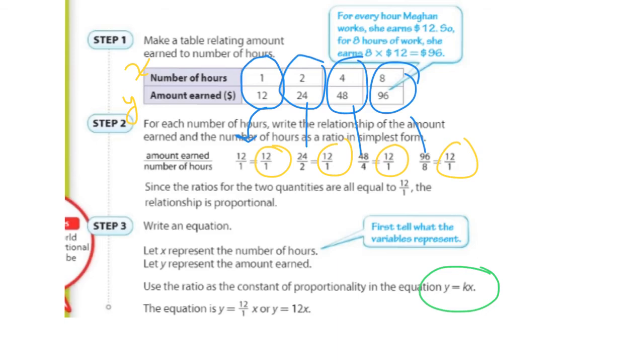So our x and our y keep changing. But the constant of proportionality, 12, stays the same. So the equation is y equals 12 over 1x. But let's simplify this. Y equals 12x. So that means for every hour she works, you multiply it by 12, and that's how much she'll get paid. So x was the hours worked, and y is how much she would get paid.